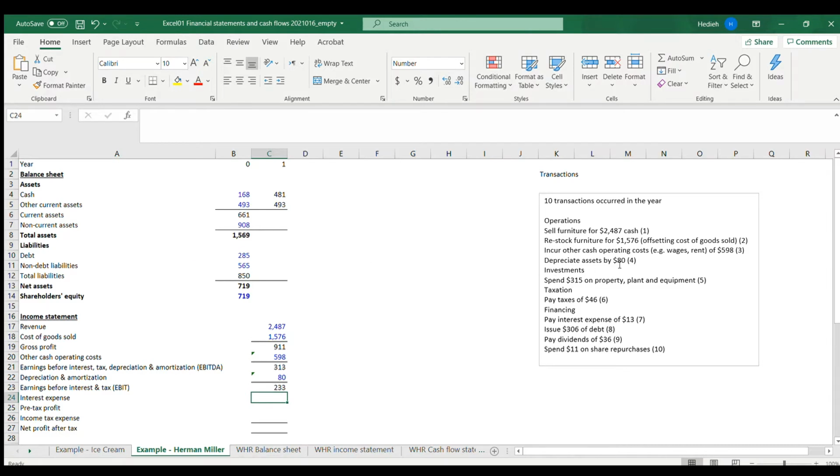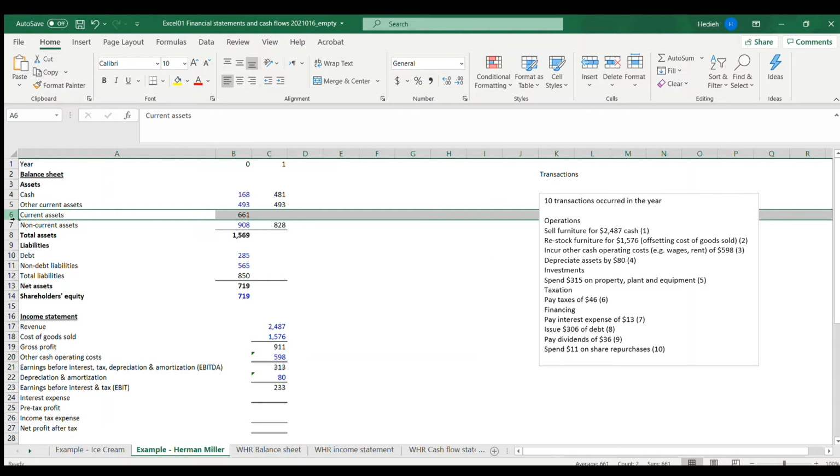So depreciation is $80, and these $80 should be subtracted from the value of non-current assets, long-term assets that have depreciation, right? Okay, so just pay attention.